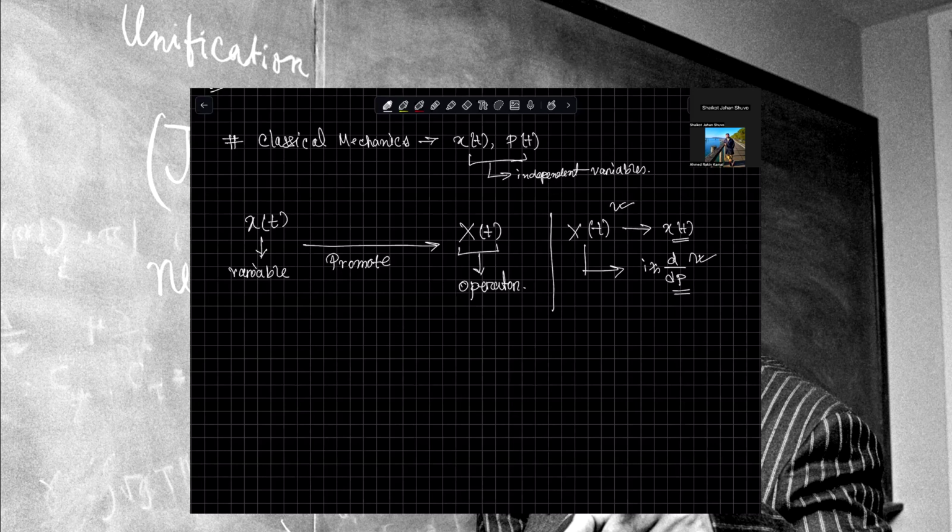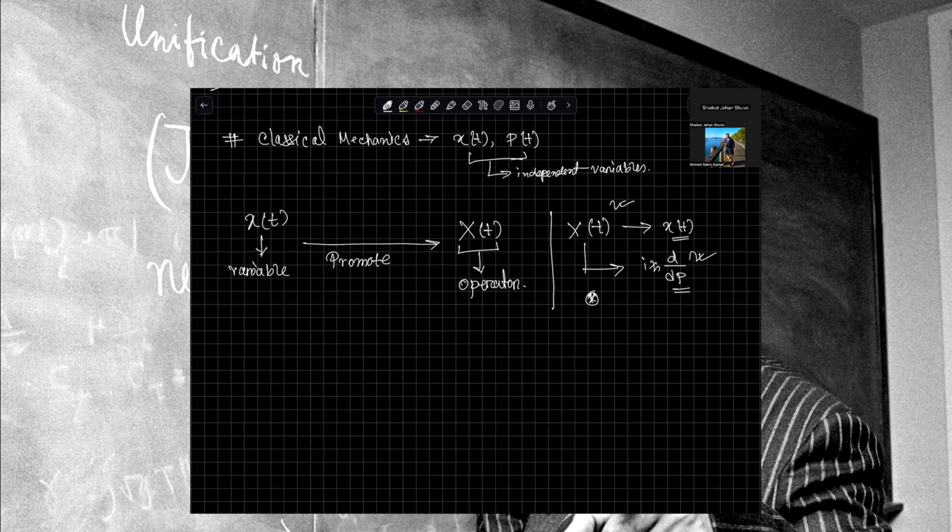And if you want to read more details, my personal favorite is Shankar's book, R. Shankar, Ramamurthy Shankar, and I think the name of the book goes by Principles of Quantum Mechanics. And I think he discusses everything, like how you go from finite basis to infinite basis and all that, all the details in chapter 1.